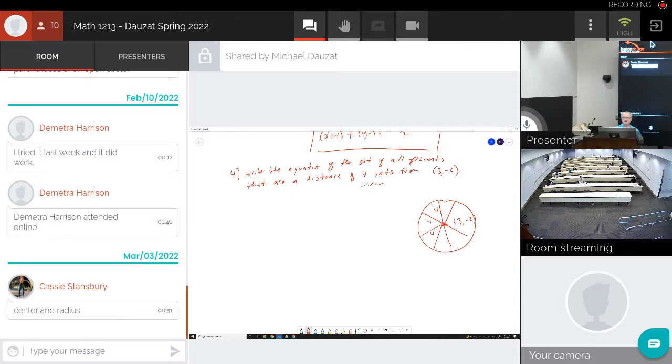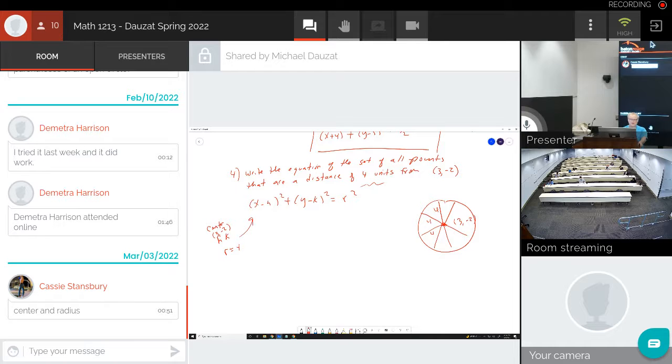So when you're writing the equation, you're writing the equation of the circle. So you know that the equation of a circle is x minus h squared plus y minus k squared equals r squared. So what is the center in this example? 3, negative 2. So your center is 3, negative 2. So there's your h, there's your k. Your radius is what number? 4.